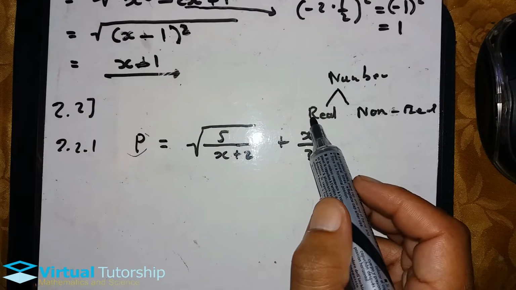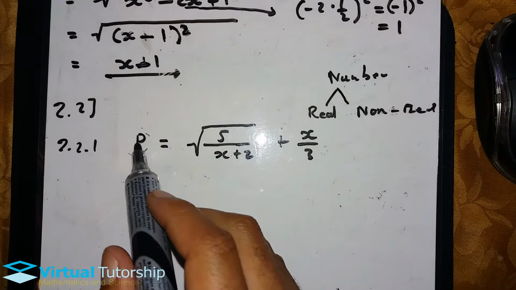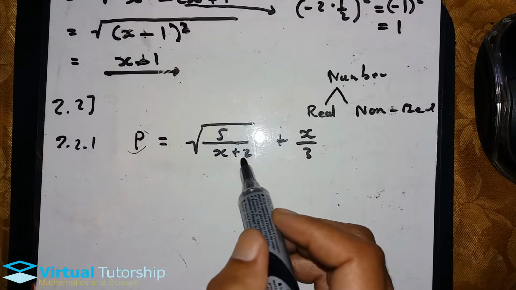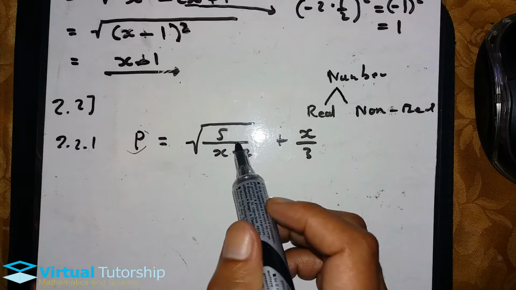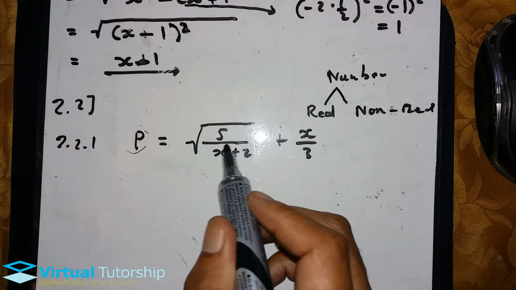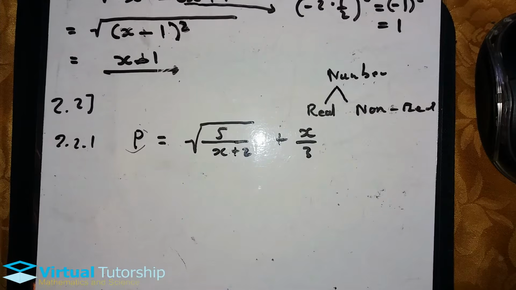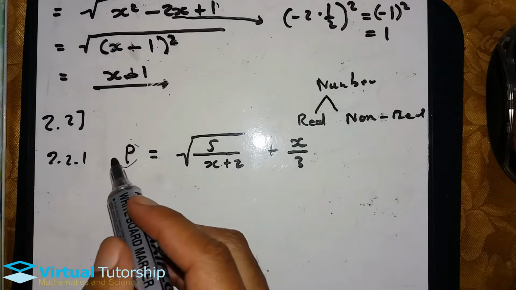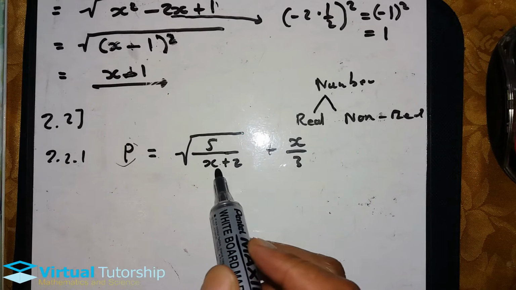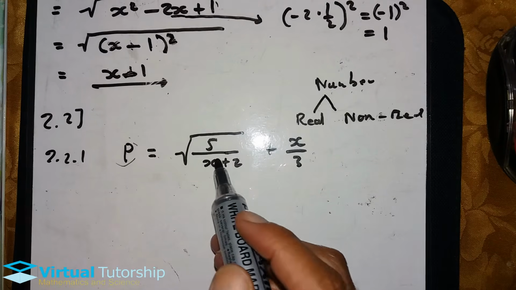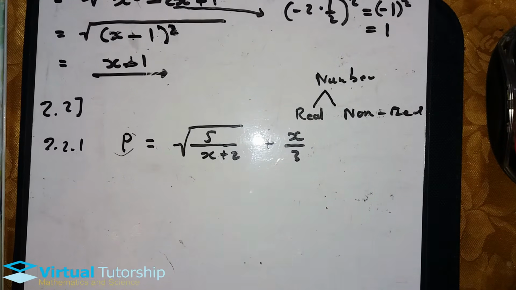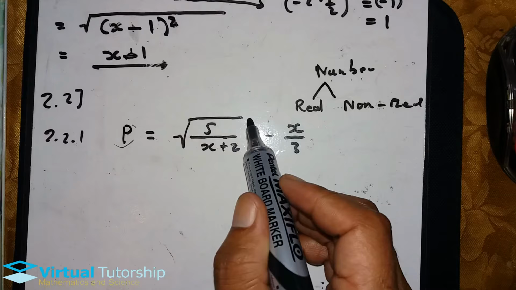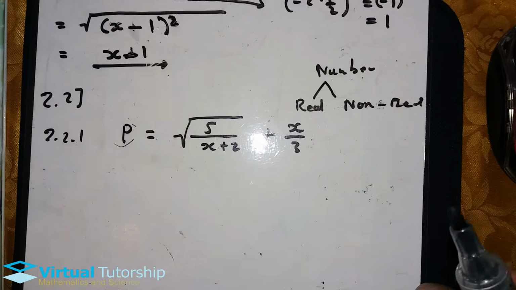So in order for p to remain real, the x values, especially this part, must always be positive, because if it becomes negative, okay, so now for this p, if for whatever x value this x plus 2 becomes negative, it will make the p value non-real because the square root of a negative number is non-real, right?